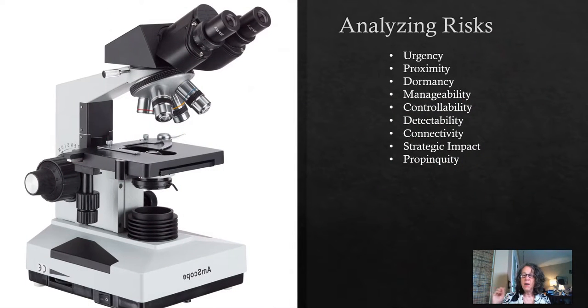Now, I didn't cover all of the risks that we identified in the Identifying Risks course. I went over the ones that fell into the 7, 8, and 9 categories. And that's pretty common too.